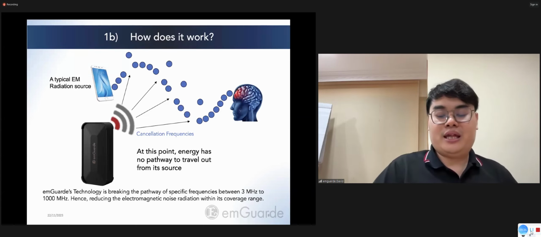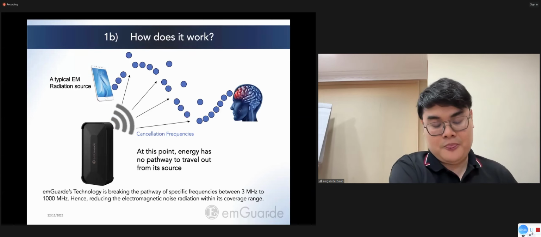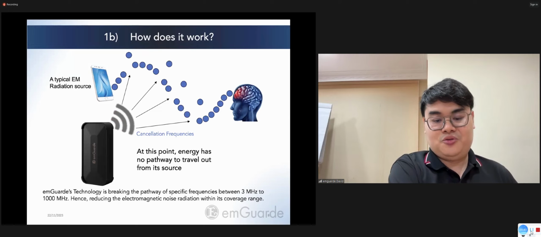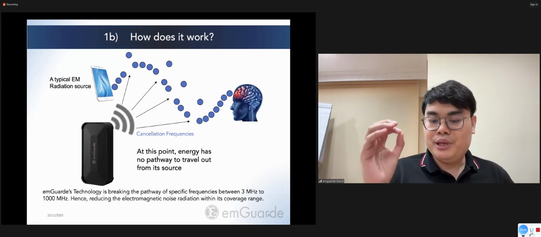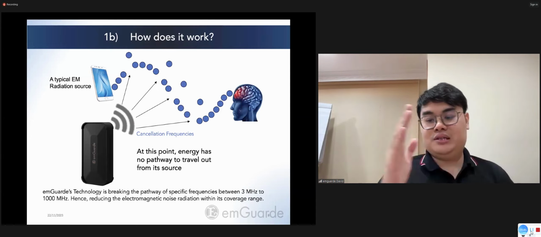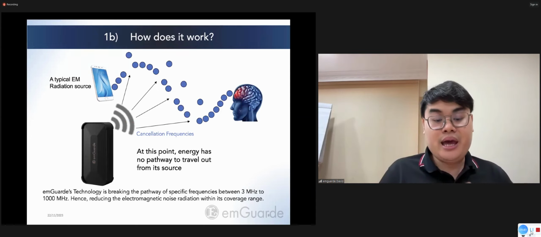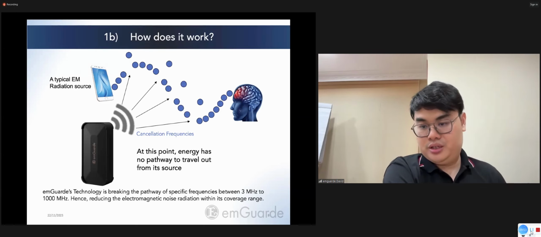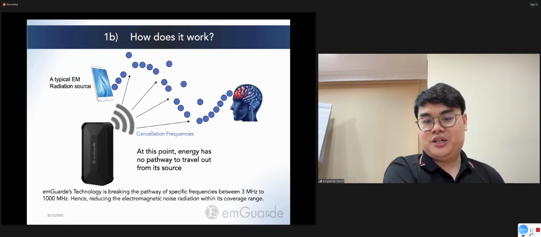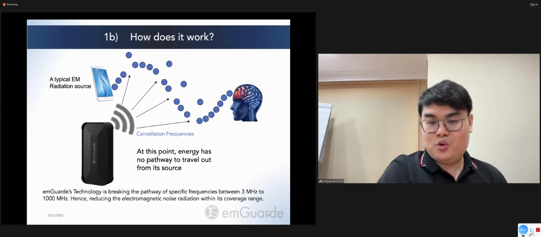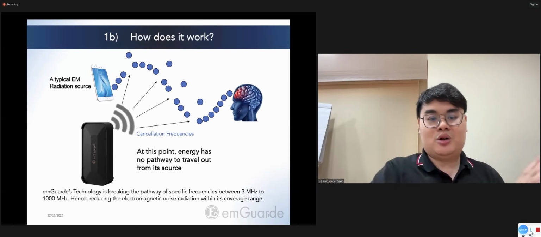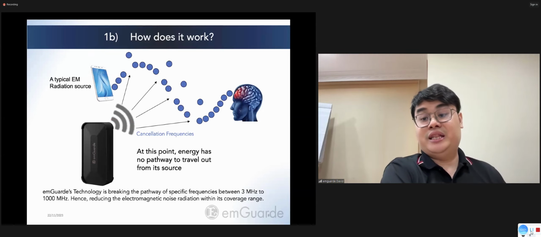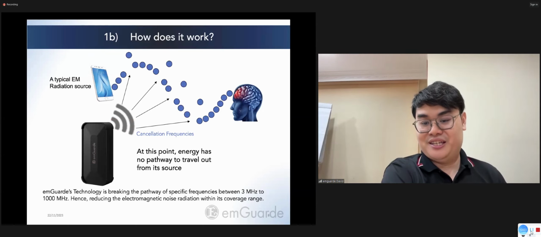Let's look at the conclusion below: emGuarde's technology breaks the pathway of specific frequencies between 3 megahertz to 1000 megahertz. So this is the bandwidth, hence reducing the electromagnetic noise radiation within its coverage range. This is how the technology works. One picture, a few words, and it concludes the entire technology they have been building and researching for more than 10 years.